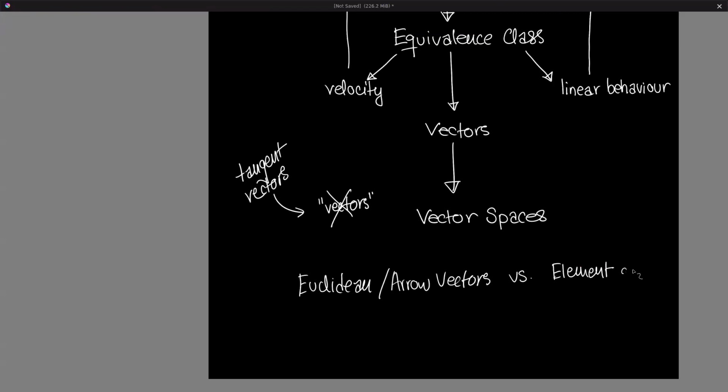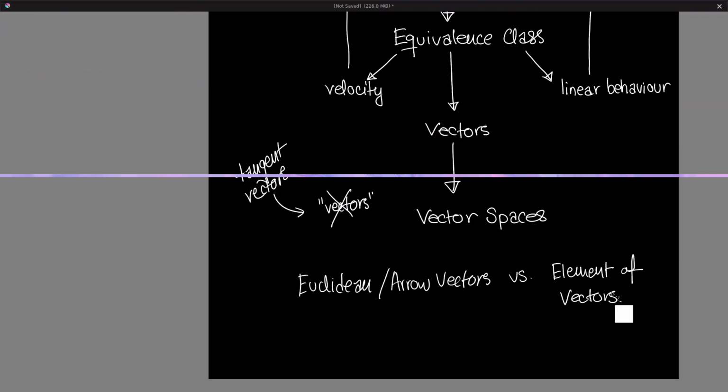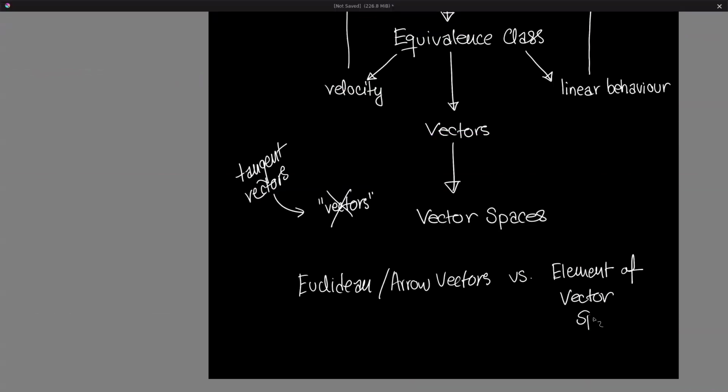I would say prefer this second definition when we're talking about mathematics, especially element of vector space. This is the vector that's more important. So I would discourage people from calling these things just vectors, because it can get confusing. Okay, so that's it. That concludes lecture one, part two.